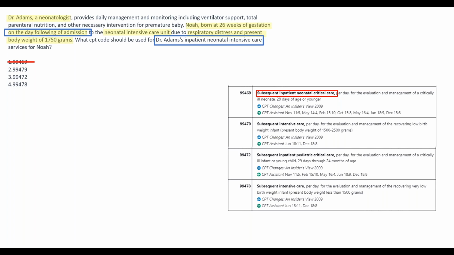Why is option 1 incorrect? Let me know in the chat, team. Exactly. This is because option 1, 99469, is coding for critical care service codes.